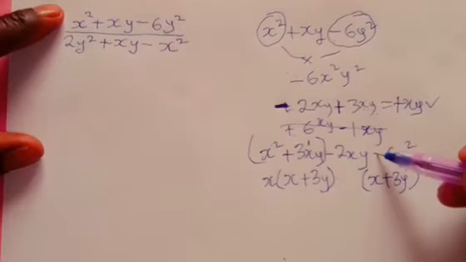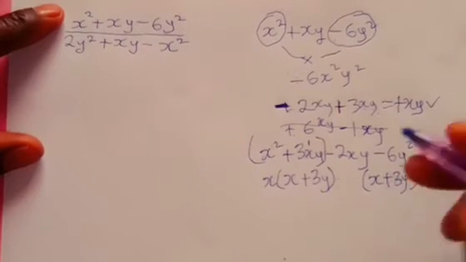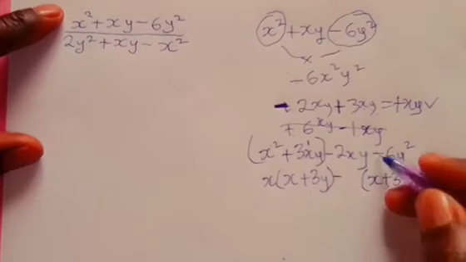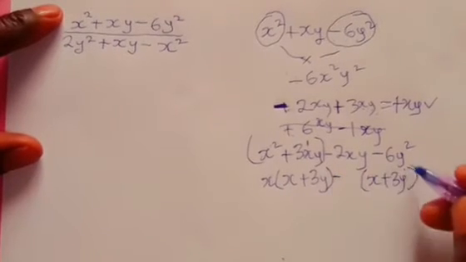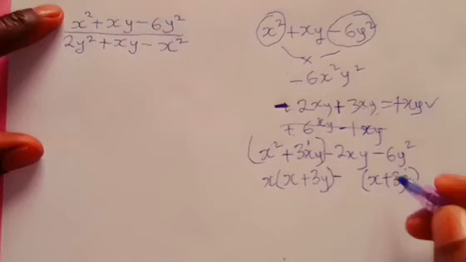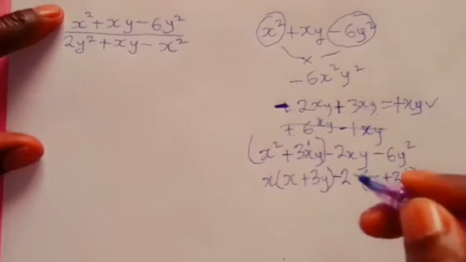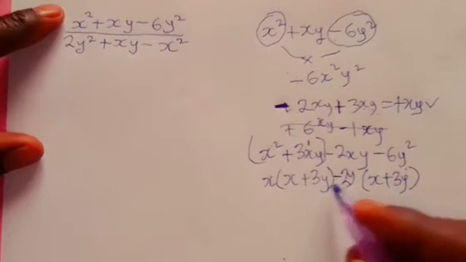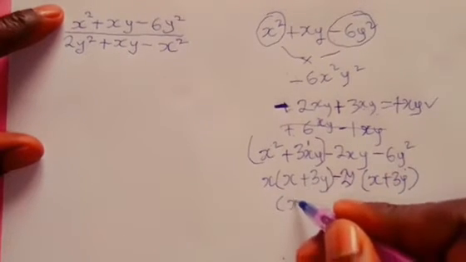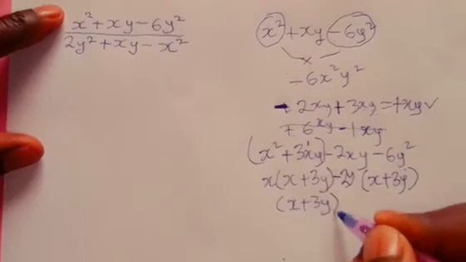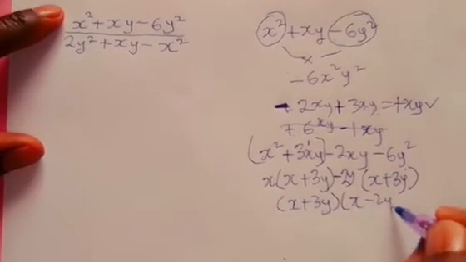You can see that here we're having a negative sign, here we're having a positive sign, so here will become minus. Minus plus is what? Minus. Now if we divide 6 by 3, that will give us what? 2. And then finally, if you divide y squared by y, you will have what? y. So in factorizing this, finally we are going to have x plus 3y, then x minus 2y.